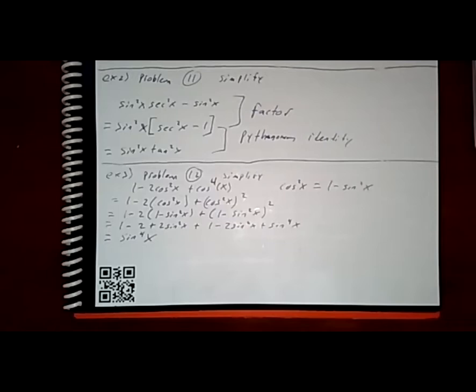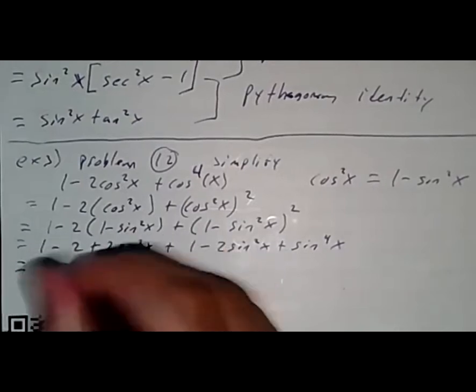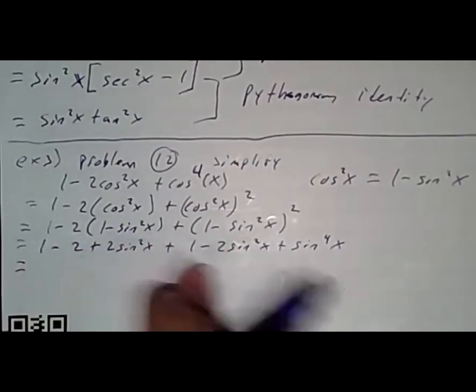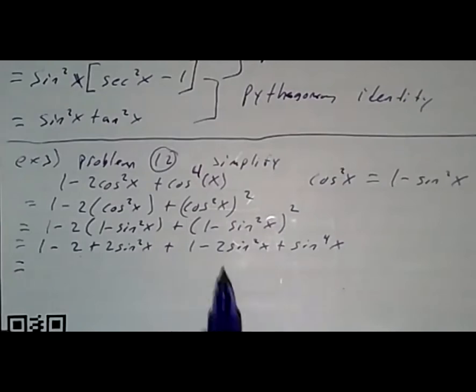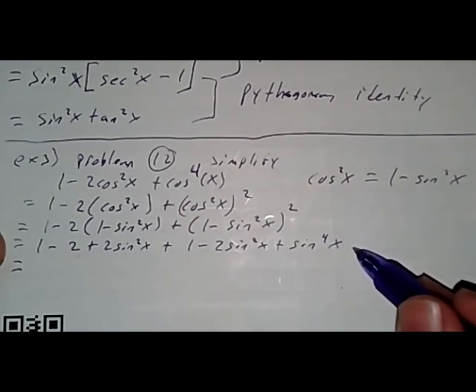Wait a second, sir. What's up? I'm sorry, I had to actually write it all down before I could think of a question. Can you show us where it canceled between the 1 minus 2 plus the 2 sine and the 1 minus 2 times the 2 sine? Because it's the difference between the multiplying and the addition. Sure. So you're cool with how it all came out, right? Yeah, I'm good up to that point.